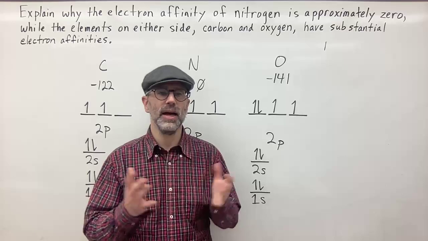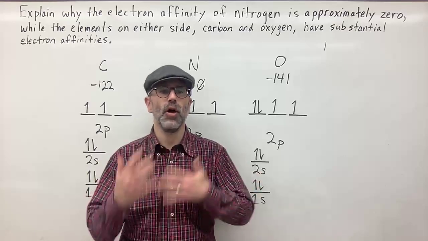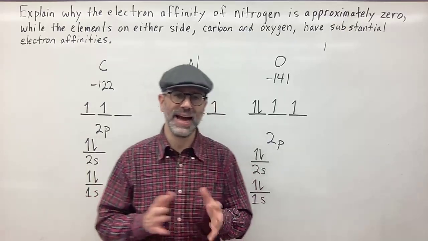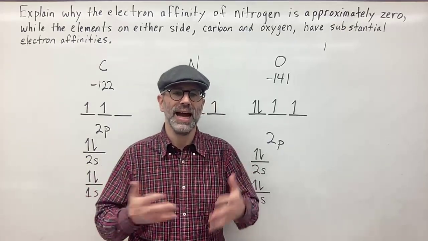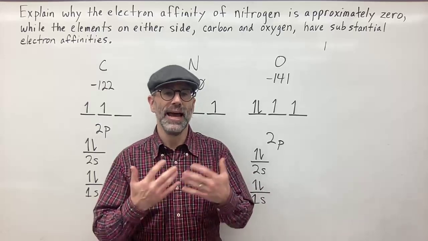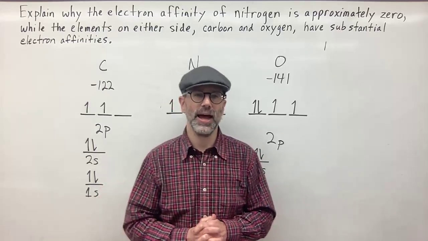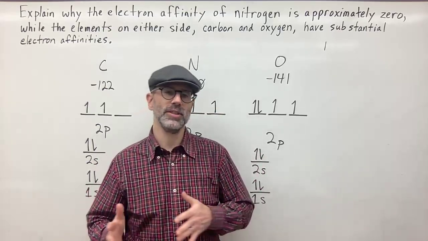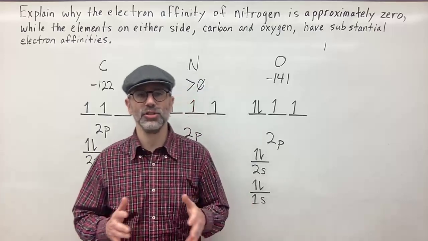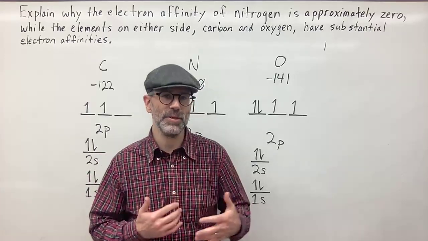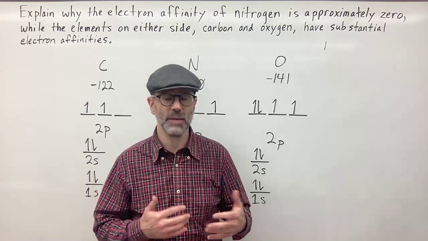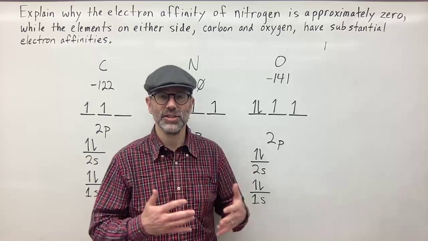But basically, it's a measure of the stability of the atom, and how easy it is to add an electron to a neutral atom. In a way, you could think of it as the opposite of electron ionization energy.